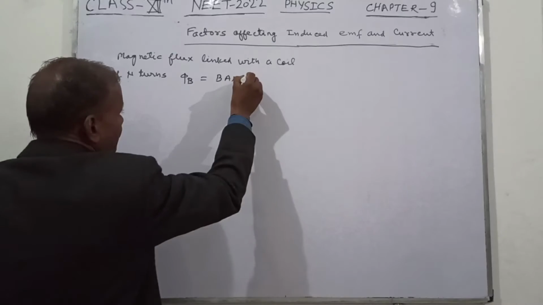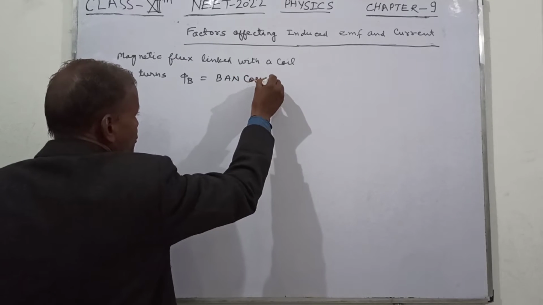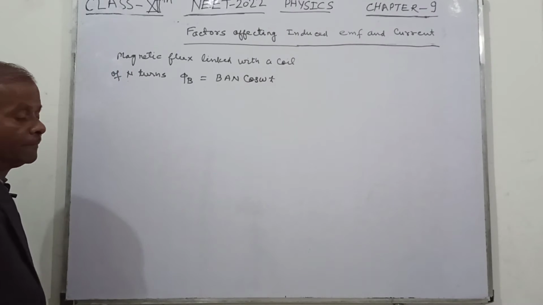Now this phi B is equal to BAN cos omega t. This we know.